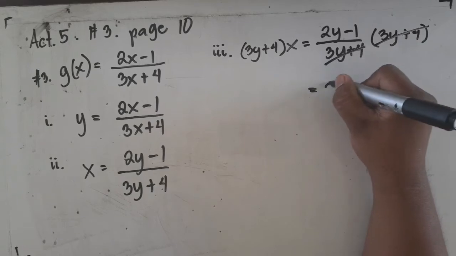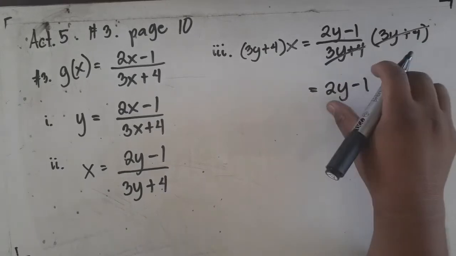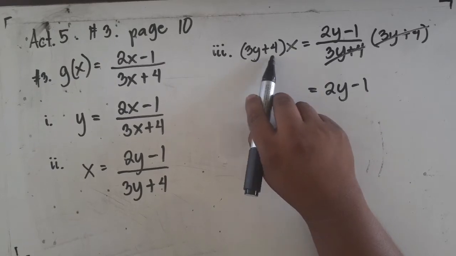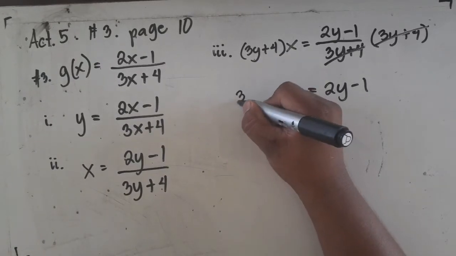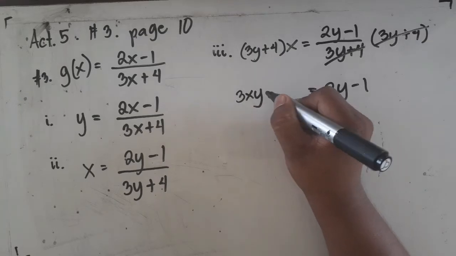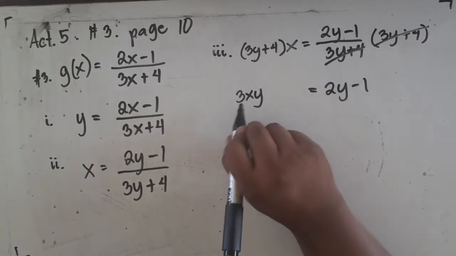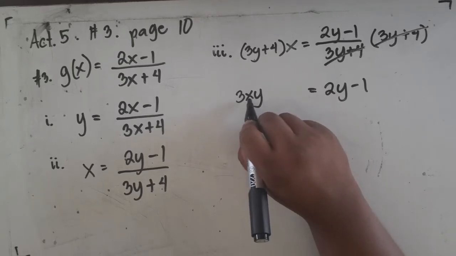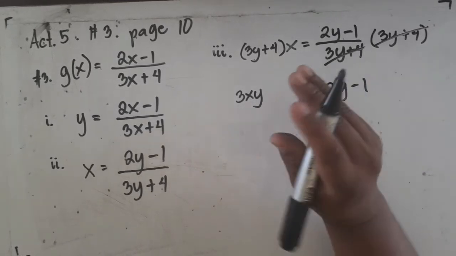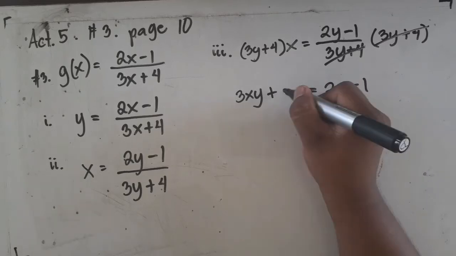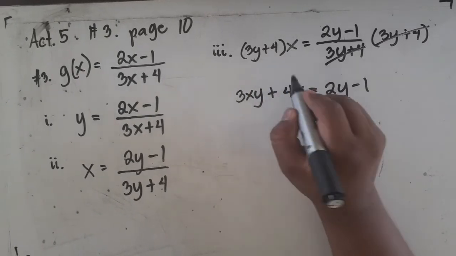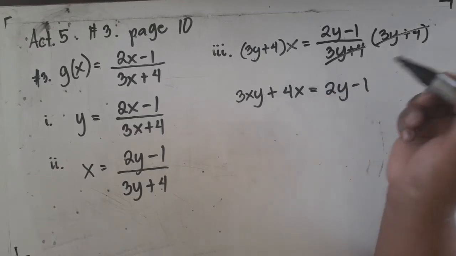So you have 2y minus 1 na lang ang mabilin sa right side. Distribute the x into your 3y and 4 terms, so you have 3xy plus 4x. So 3y times x, you have 3xy. 4 times x, you have 4x.